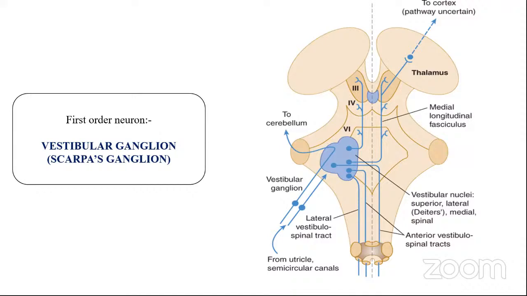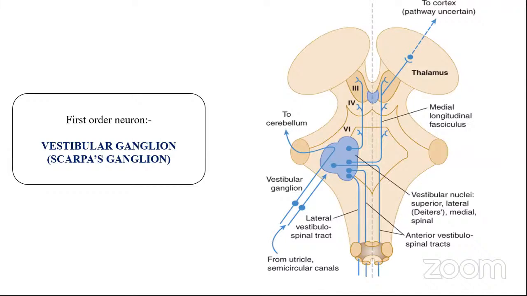These are the vestibular nuclei. The lateral is also called Deiters' nucleus.